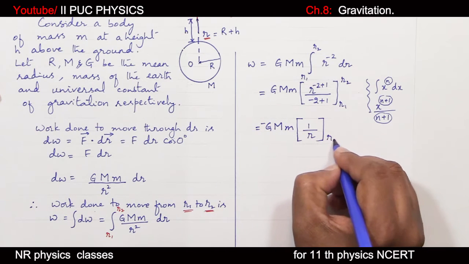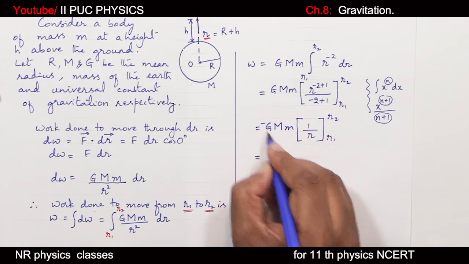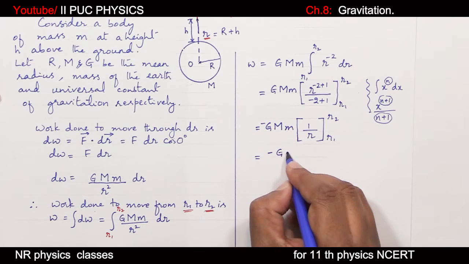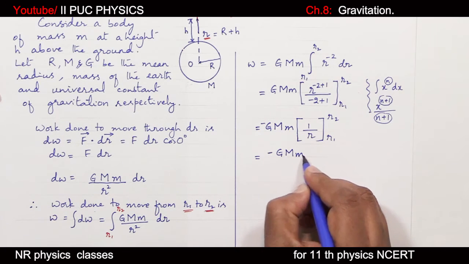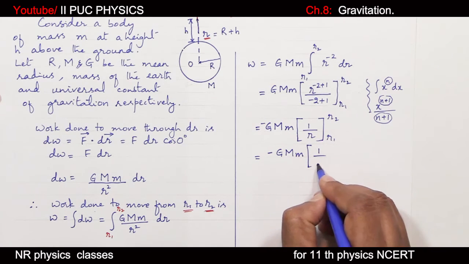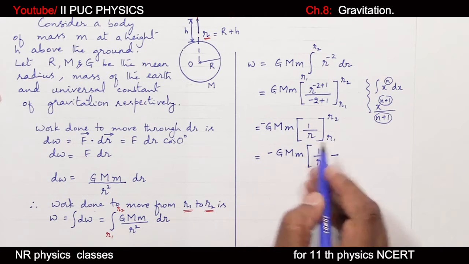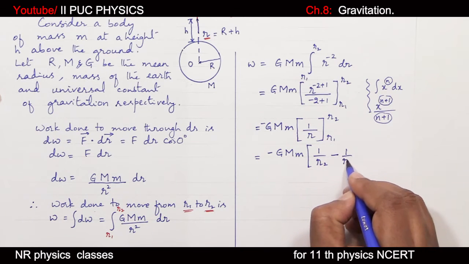Limits are from R1 to R2, equal to minus minus GMm, give upper limit, write it as 1 by R2 minus give lower limit to the variable 1 by R1.